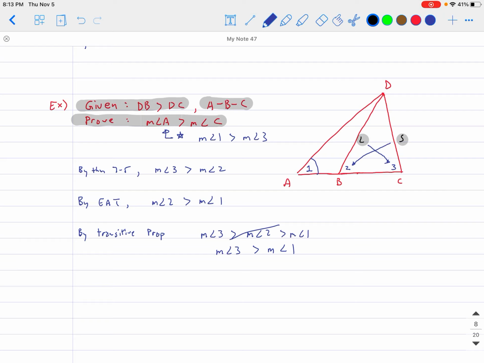Let's just check to make sure. The measurement of angle 3 is greater than the measurement of angle 2. The measurement of angle 2 is greater than the measurement of angle 1. So yes, in my original setup, I'm pretty sure I was supposed to say that the measurement of angle A is less than the measurement of angle C. So my apologies for that one. Hopefully that didn't screw up too much.